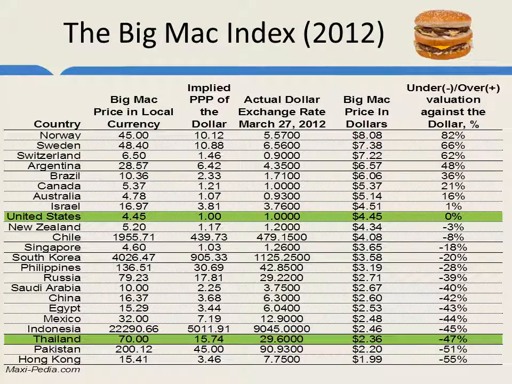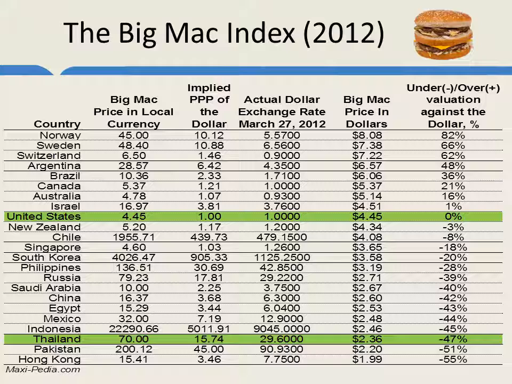Let's take a look at the most famous purchasing power parity ratio or index, the Big Mac index, which is produced by The Economist. The Big Mac is a basket of goods. It's a basket of bread and beef and cheese and onions, and also the labor required to cook these products and to deliver them. So in the United States, this basket of goods can be bought for about $4.45.